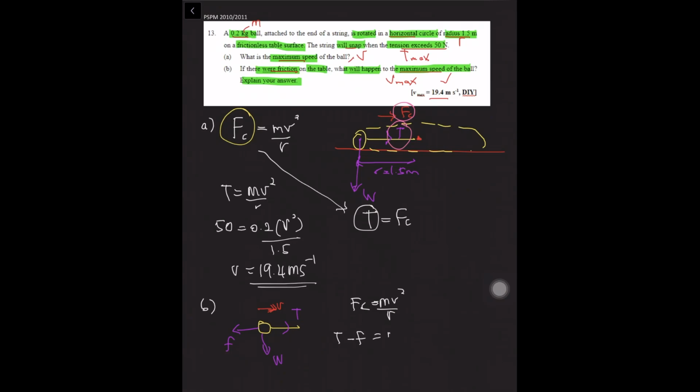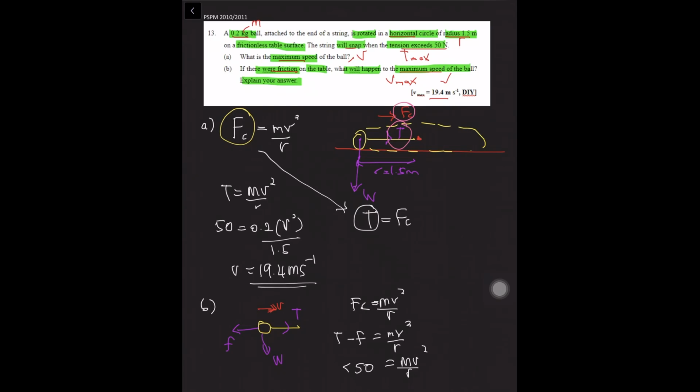Just now the tension value is 50 newtons. But if we subtract a certain value of frictional force, of course our net force will be less than 50 newtons. So our centripetal force is now less than 50 newtons.